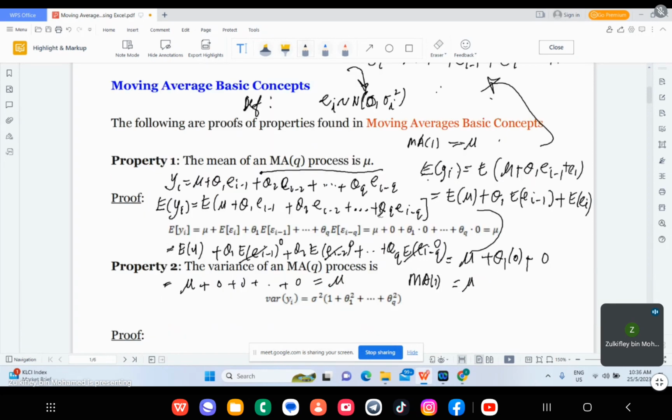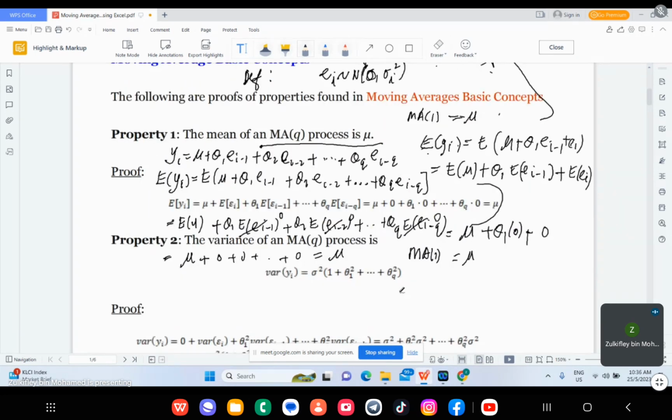Now, the next part is I want to show that the variance of MA1 is equal to sigma squared times theta 1 squared.